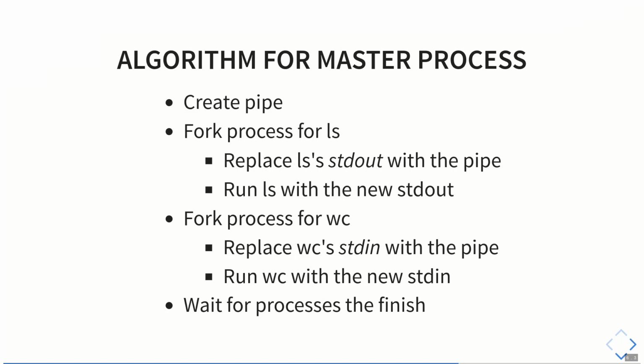We'll fork a new process, redirect its standard out to the pipe, and then run exec to get the ls program running. After that, we'll fork a new process for wc, replace its standard in with the read end of the pipe, and then run exec to start running the wc program.